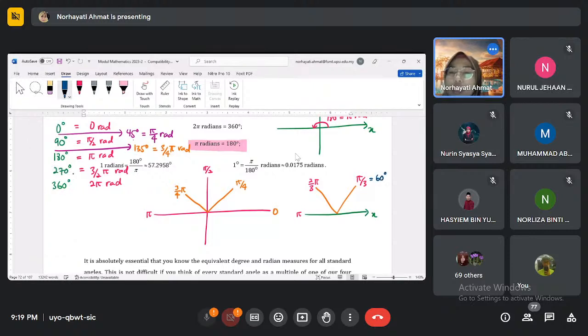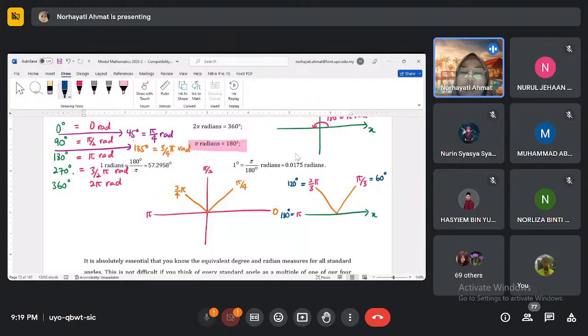Okay, 60 degree. So this one, of course, 120 degree. This one is 180 degree. So you don't have to use calculator. Okay. So from the figure, if we divide the half circle into 3 parts, so we know that 60 degree is equal to pi over 3 radian. Okay, 120 degree is equal to 2 over 3 pi radian.